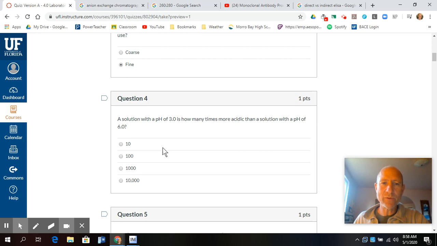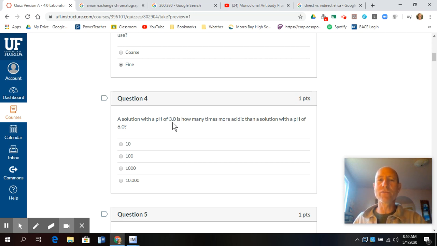A solution with a pH of 3.0 is how many times more acidic than a solution with a pH of 6.0? So remember, pH, it's kind of inverse, where the smaller the number is, the more acidic it is. And 3 versus 6, pH works on the log scale, so it's log base 10 scale.